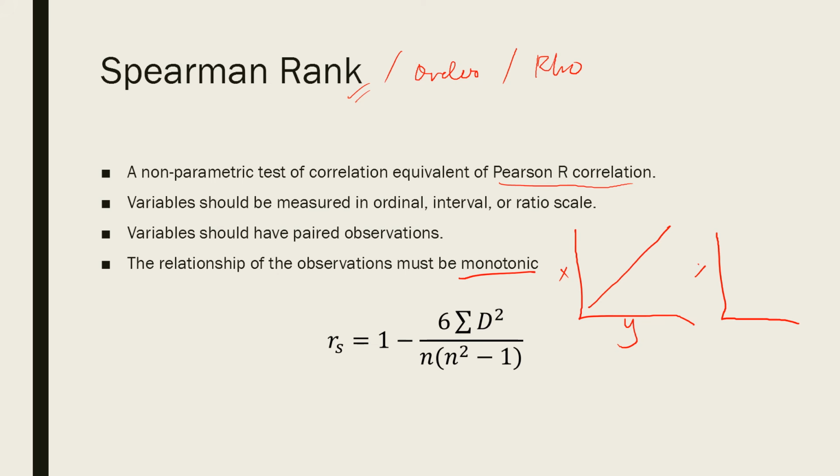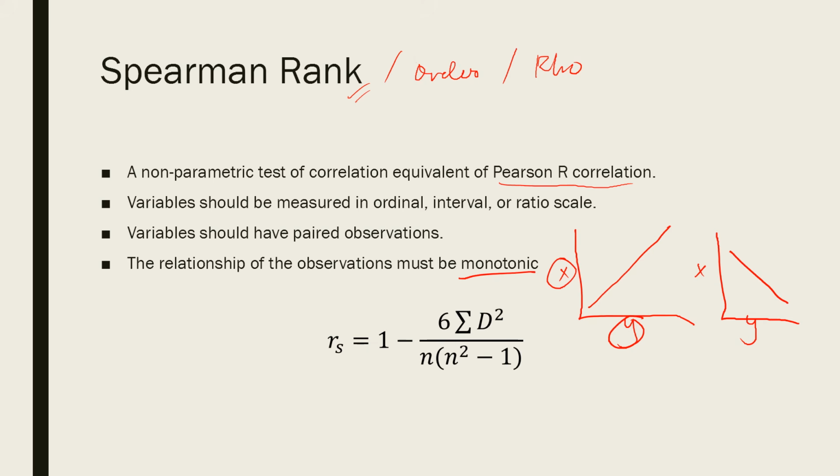It could also be that if one variable increases, the other decreases. For as long as the relationship is monotonic, ibig sabihin, habang tumataas po yung isang variable natin, tumataas din po yung isa. Since they are paired observations, that would be one of the basics of our correlation.